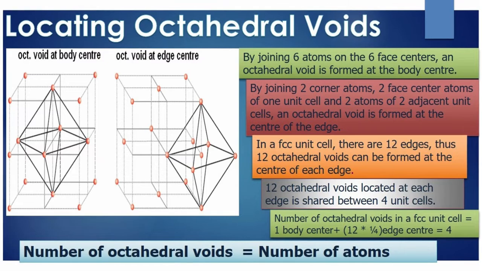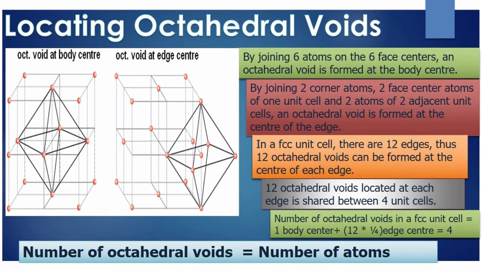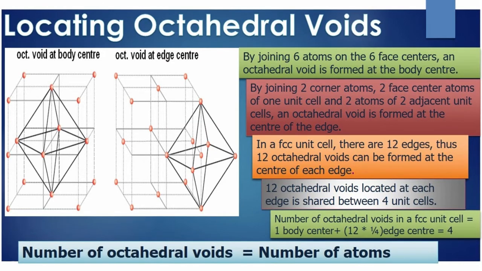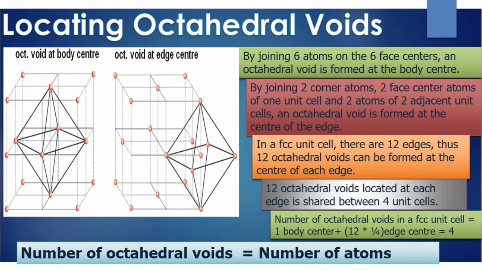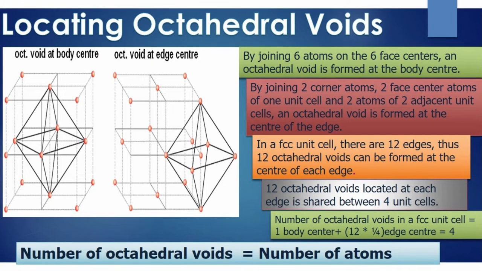So, the number of octahedral voids present in the FCC unit cell will be equal to one octahedral void present at the body center plus 12 octahedral voids present at the edge centers, each shared with 4 other unit cells. So, 12 into 1 by 4, which will be equal to 3.